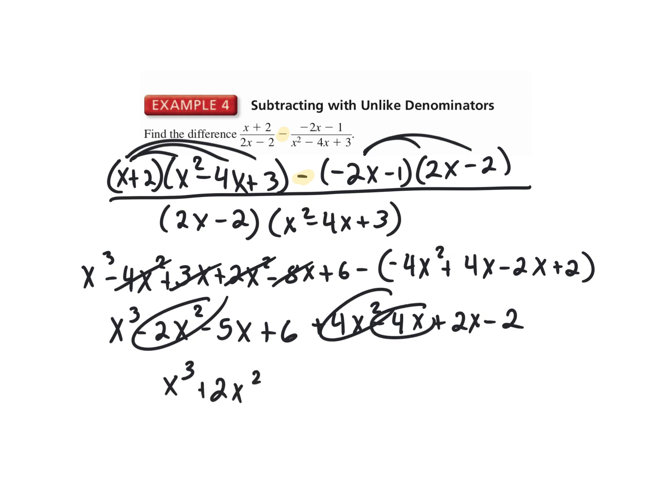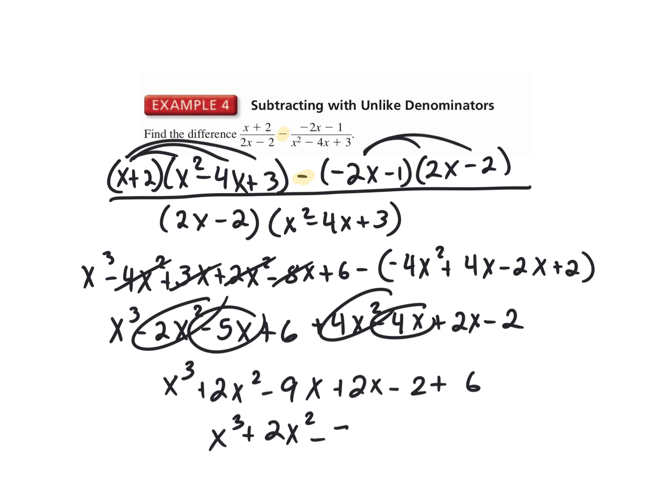Then negative 4x, negative 5x, so negative 9x, plus 2x, minus 2, and then the plus 6: x cubed plus 2x squared minus 7x plus 4.